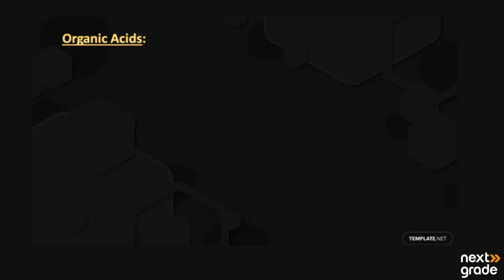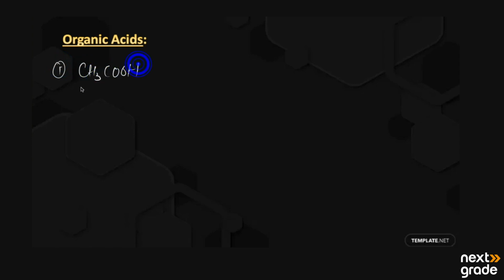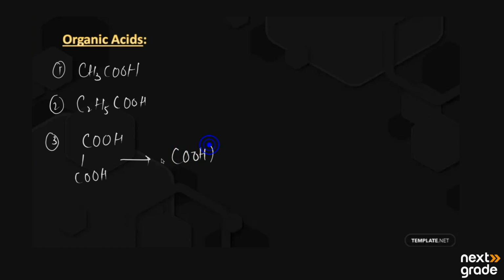But on the other hand, the second type of acid is known as organic acids. So what are organic acids? Let's have some examples. The first acid is acetic acid, CH3COOH. The second is propanoic acid, C2H5COOH. And the third is oxalic acid, COOH-COOH, or we can also write it as (COOH) whole twice.